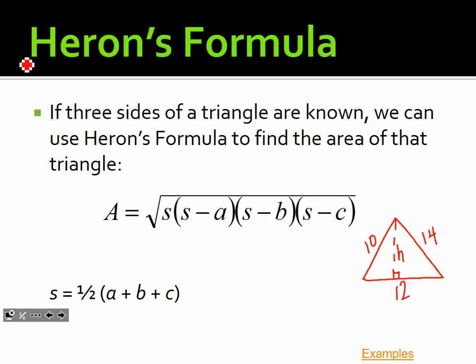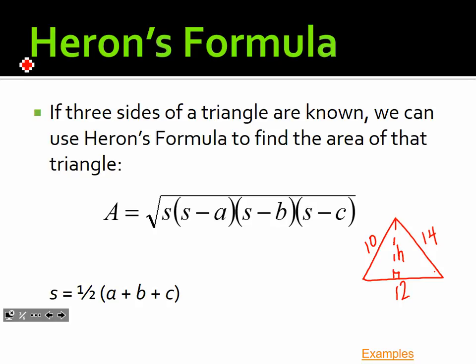If we knew this angle, then we would be able to find the height, and then ultimately the area. But from what's given to us right here, there's no way for us to find the area of that triangle simply because we don't know what the height is, and the area of the triangle is 1/2 base times height. So Heron developed another method for finding the area of a triangle when you're given all 3 sides.